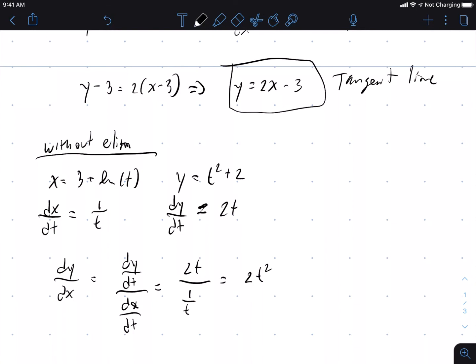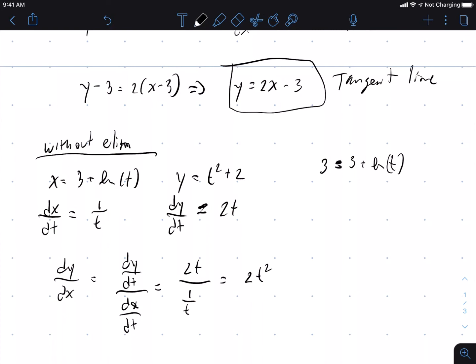Okay, so now in order to be able to find the slope of this thing, what do we need to do? I need to find out what my t value is, correct? Correct.